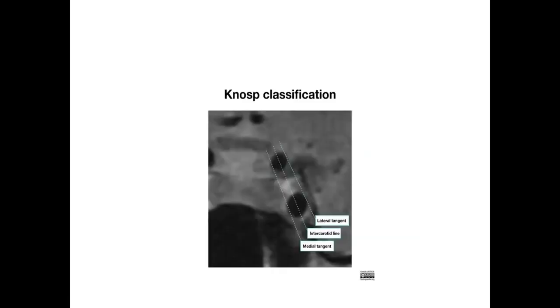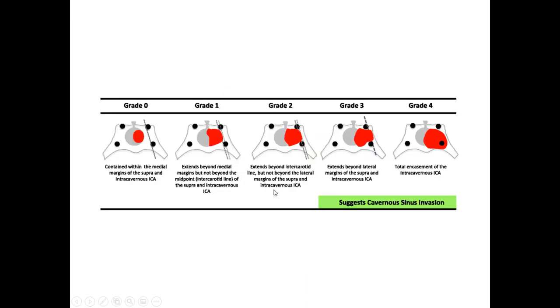Another one, for cavernous sinus involvement, there is the Knosp classification. You have to put lines on the medial tangent, the middle and the lateral tangent of the cavernous sinus. Three tangents you have to put. If it is grade 0, it is not touching. Grade 1 is touching the medial line.